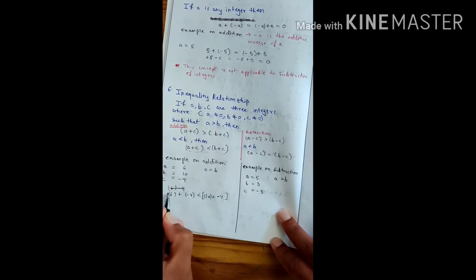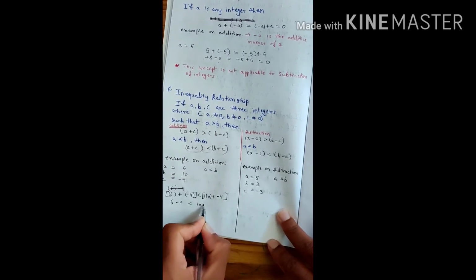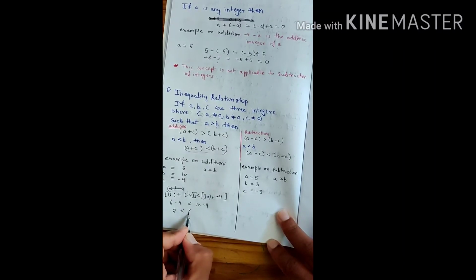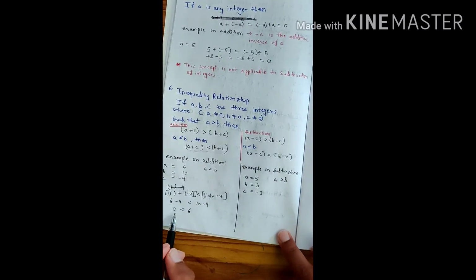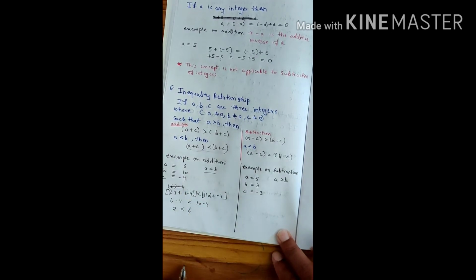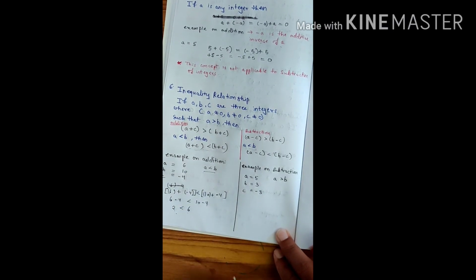So now we'll solve this and check it. So 6 plus minus becomes minus 4, again 10 and minus 4. So 2 will come over here, then the sign and 6. So here you can see that a is less than b. Alright, so therefore it satisfies the condition that a is less than b.